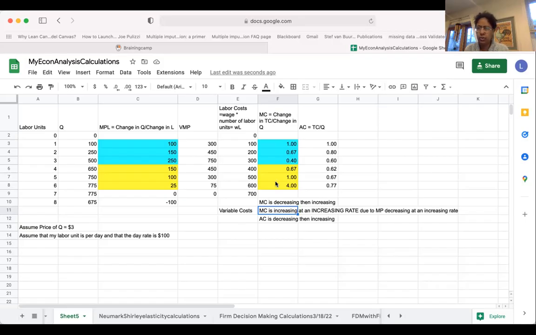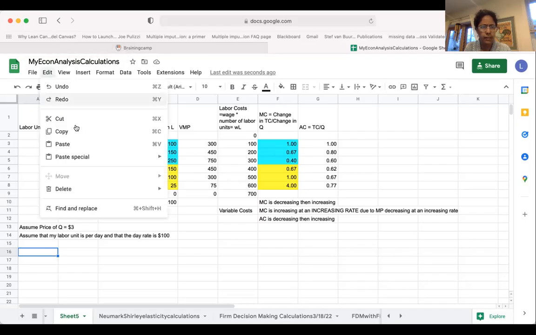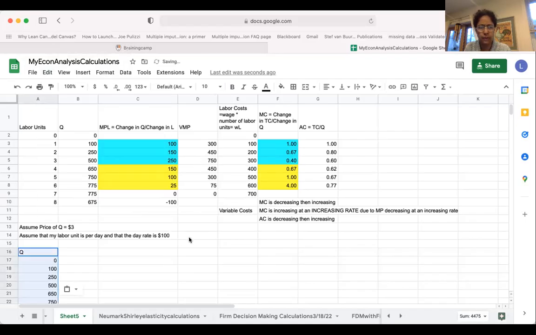And again, just to note the average cost, actually put that here. I'm going to just replicate the Q column here, and paste this as special and just use the values. That's going to be matched to the average cost. So this is what I'm going to plot.